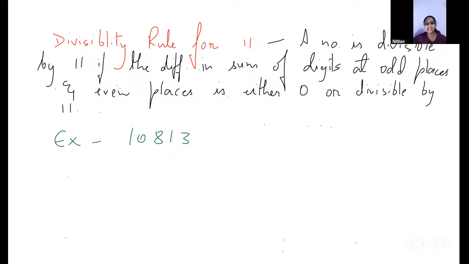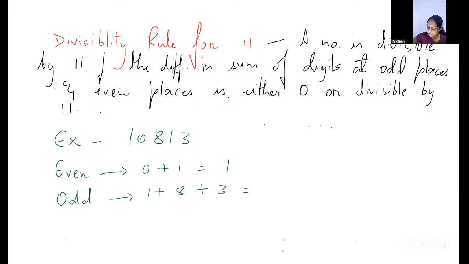At the even places: 0 plus 1 is 1. Odd: 1 plus 8 plus 3, yes, ma'am, 12.